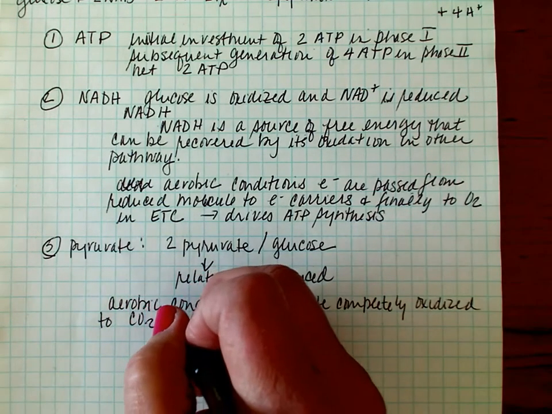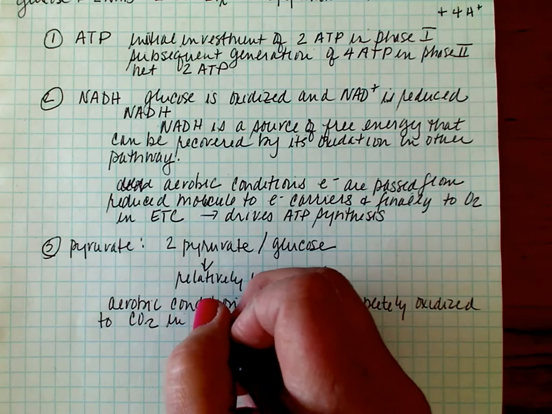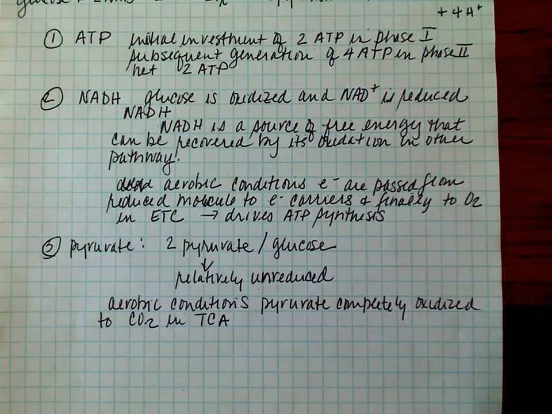And that occurs in the citric acid cycle, or the TCA, which we'll be talking about next. The energy released in this process is going to drive the synthesis of much more ATP than is generated by the limited oxidation of glucose in glycolysis.